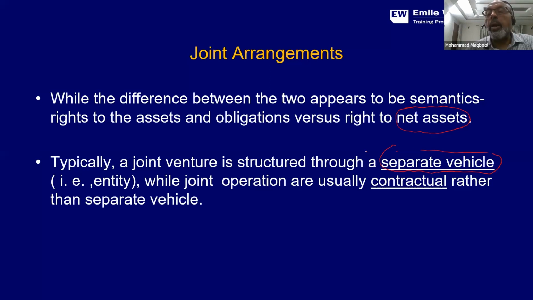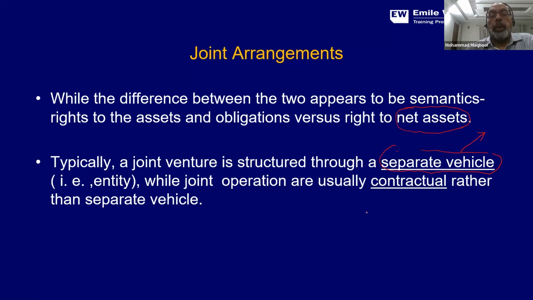If there's a separate vehicle, then normally, I'm not saying always, you have the right in the net assets of the entity, like in a subsidiary or an associate. We looked at the change in the net assets there. We never looked at the individual assets. We didn't look at how much inventory went up, how much fixed assets went up, or how much long-term loan went up and down. We don't look at that.